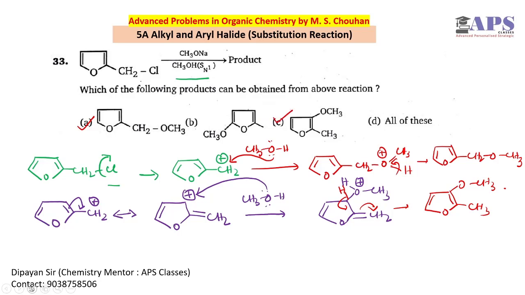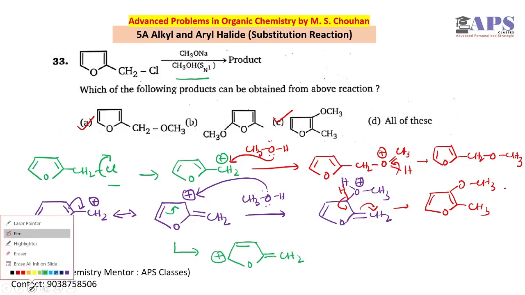Now this carbocation can again be involved in resonance. This pi bond can shift towards the right side and this kind of carbocation is formed.